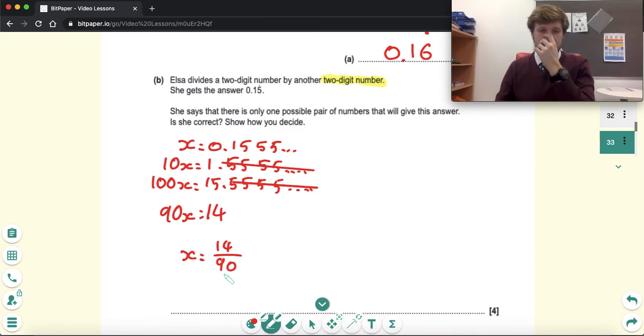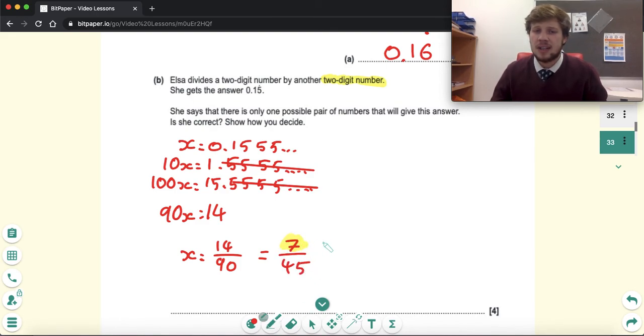Now they are both two-digit numbers, so I'm happy with that. However, what I can do from this stage is I can try and simplify it, and the only way this simplifies is to 7 and 45. And the distinction here is that this 7 is not a two-digit number.